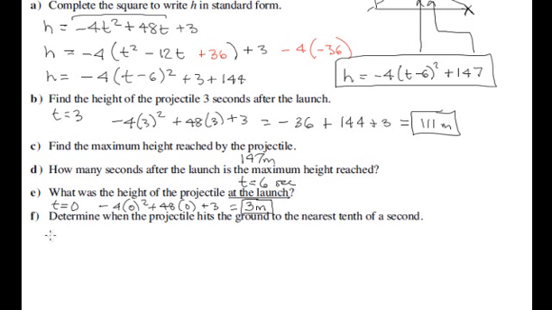So that would mean our height, minus 4 times t minus 6 all squared plus 147, we want that to equal 0. 0 height means you're on the ground. And now we have to solve this. So we take the 147 over to the right-hand side. It becomes negative. Divide both sides by negative 4.